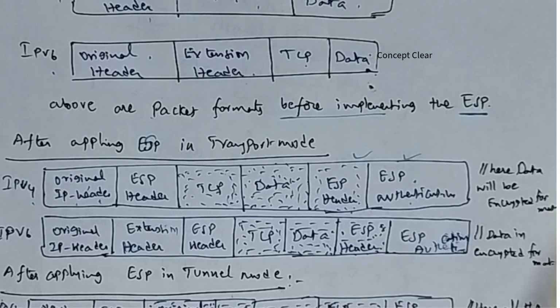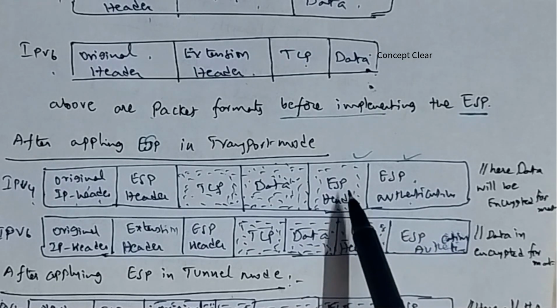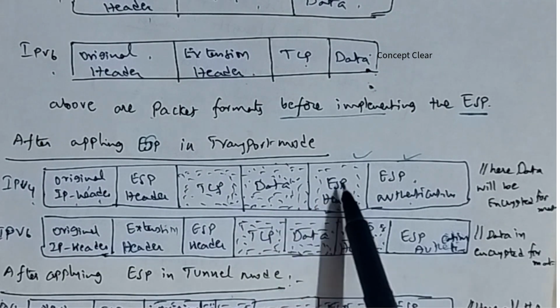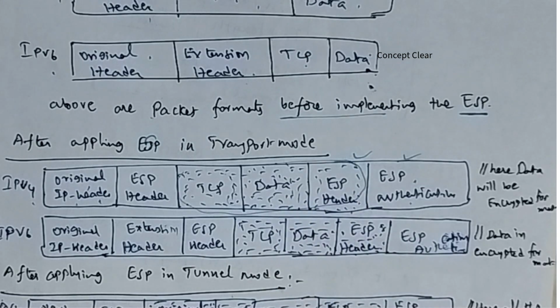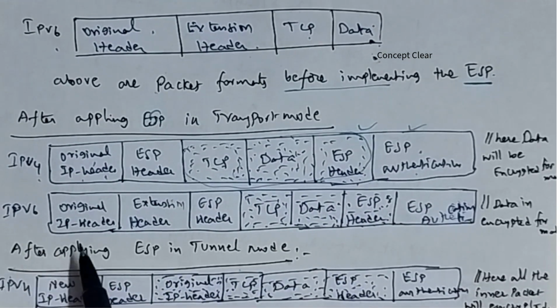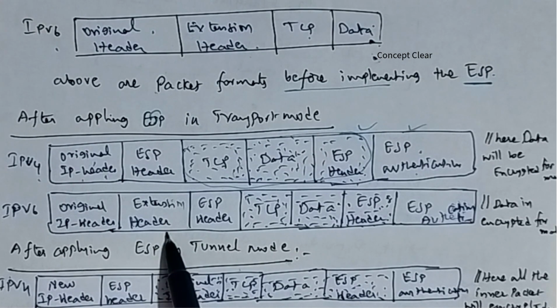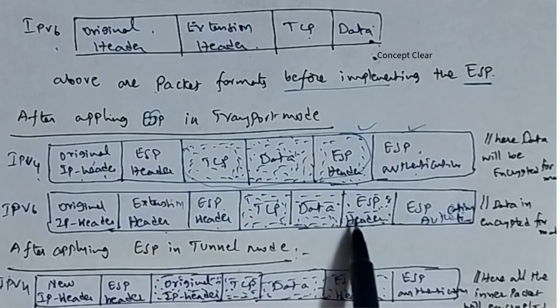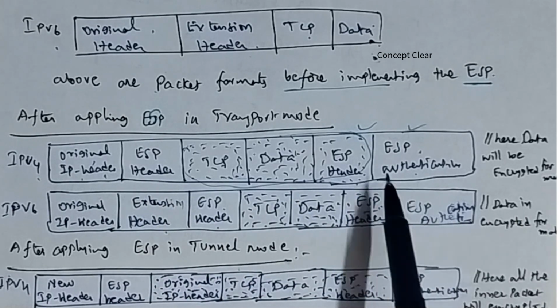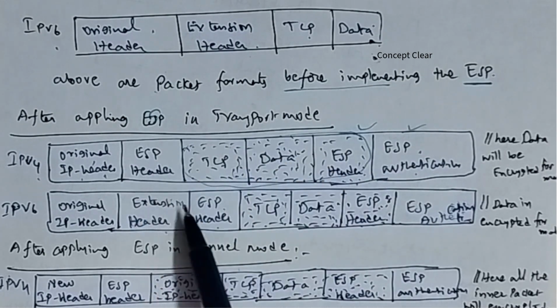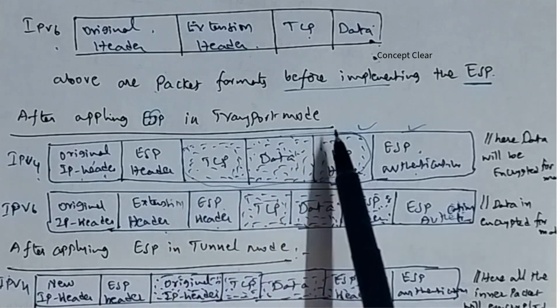To identify the encrypted data, these three highlighted parts are the encrypted format. In IPv6, it is also the original IP header, extension header, ESP header, then the encrypted data, and last the ESP authentication. This is ESP after applying transport mode.